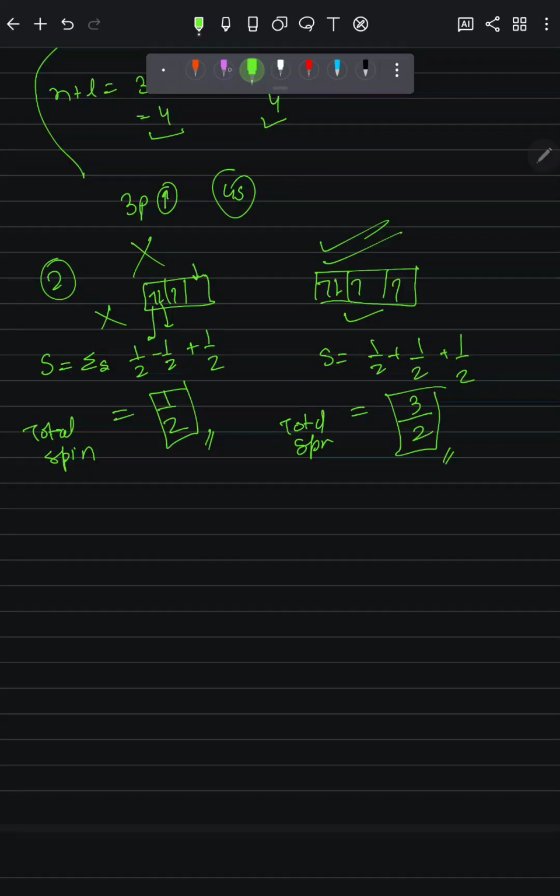There is a formula for calculating the spin multiplicity: spin multiplicity is equal to 2S plus 1, where S is the total spin.